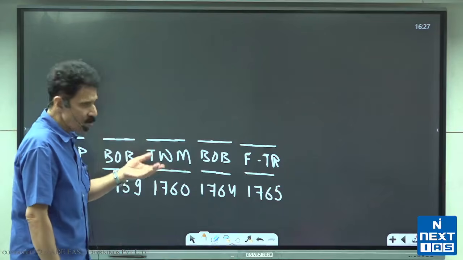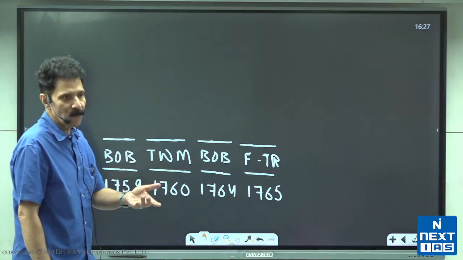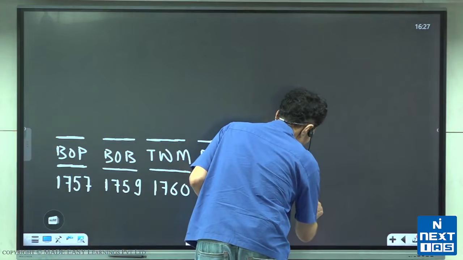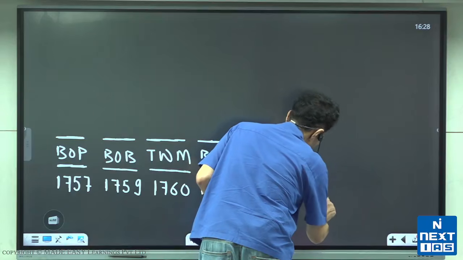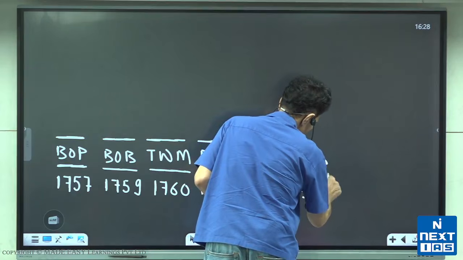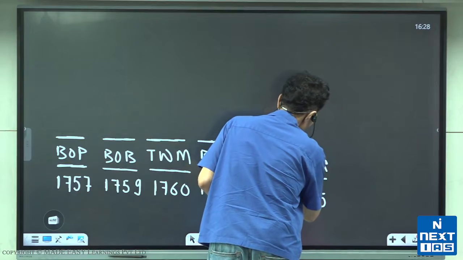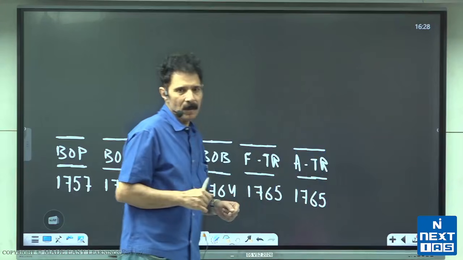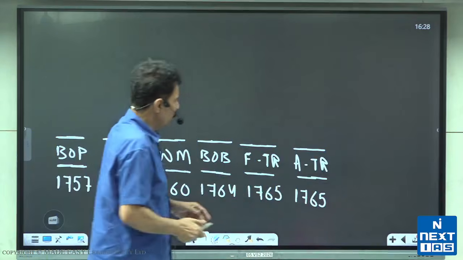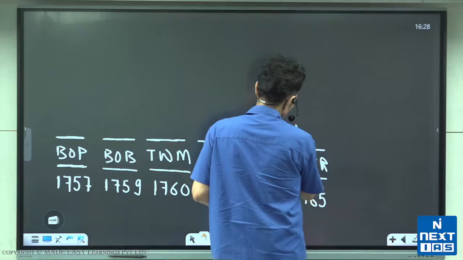And then again a treaty. It was the more famous treaty. 1765, same year, August Treaty, in which Shah Alam was also involved and Awadh was also involved apart from Bengal. This was the famous Treaty of Allahabad.